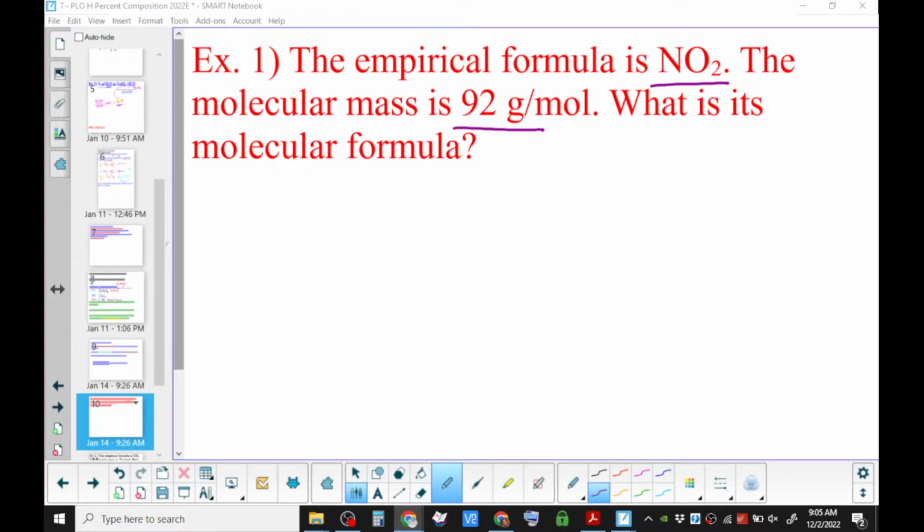Good numbers. What's the molecular formula? Yeah. You guys good? Go forth. Help other groups.